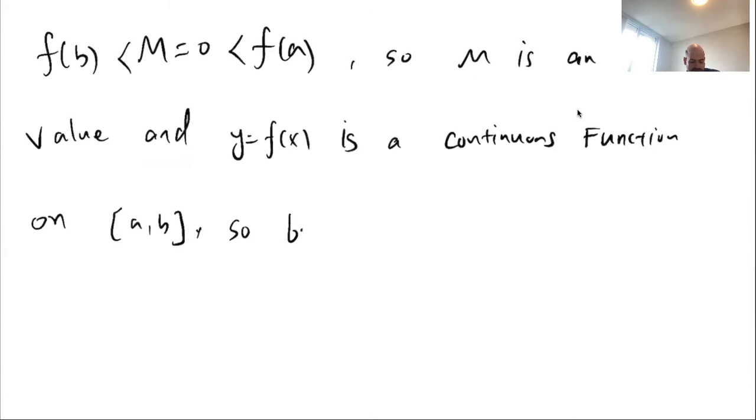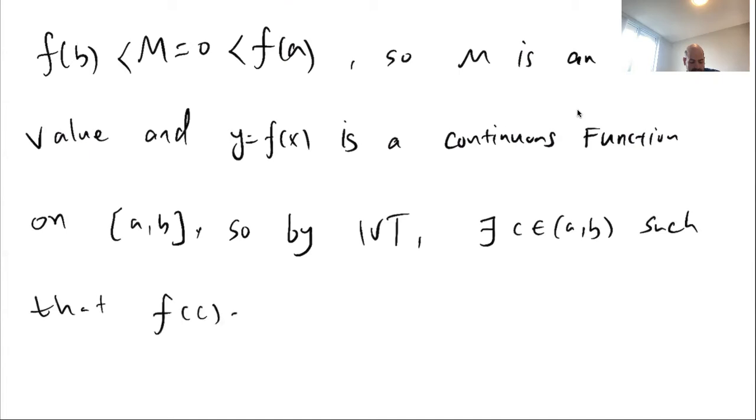So by IVT, there exists c between a and b such that f of c is equal to m, and m was 0. So if f of c equals 0, that means c is a root for f of x, i.e. x equals c is a root for y equals f of x.